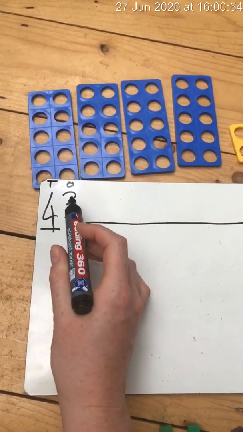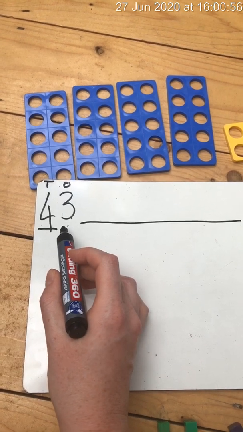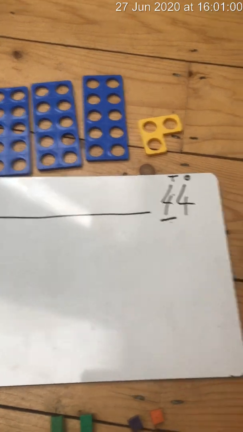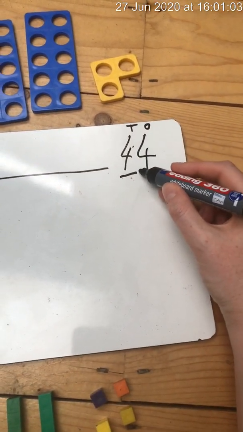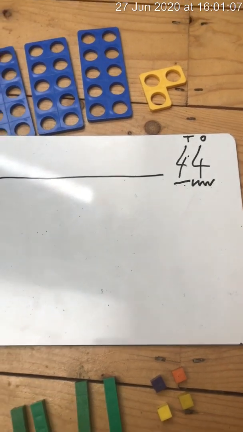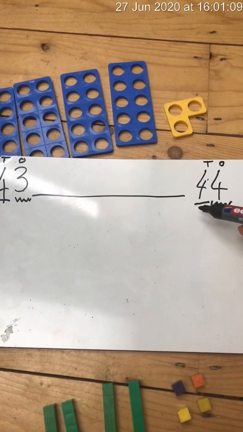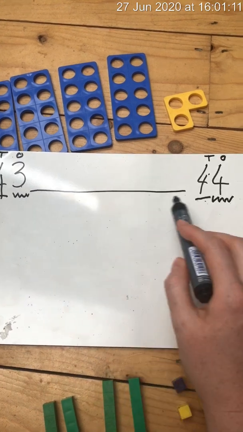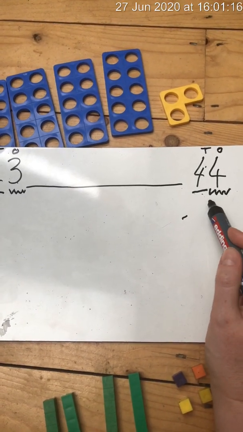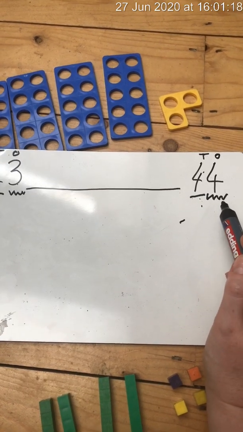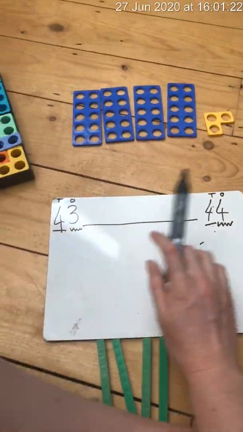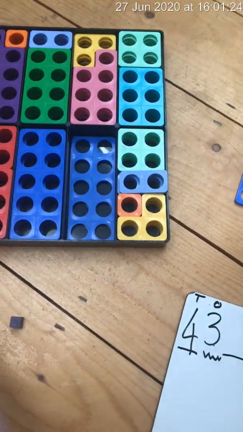So let's look at our ones. In this 43, we've got 3 ones. And in 44, we've got 4 ones. So which of those numbers is bigger, 3 or 4? It's this one, isn't it? 44 is greater than 43. Let's just check that. I'm going to use my Numicon to check it.